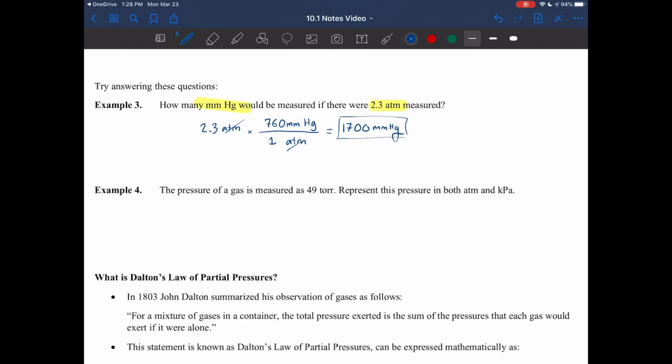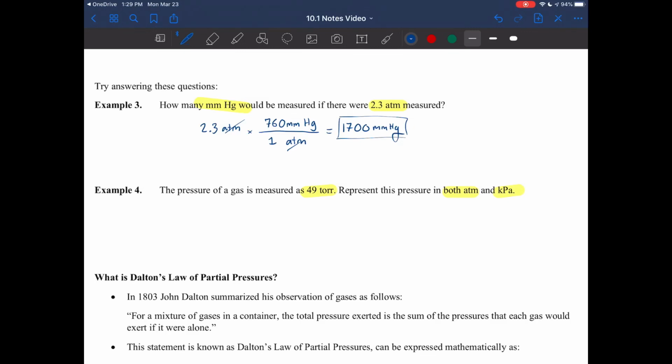Okay, next example. The pressure of a gas is measured to be 49 torr. What is that in atmospheres and in kilopascals? Okay, so two different problems here basically. Both of them want you to start off with 49 torr, and one of them wants you to convert it to atmospheres.